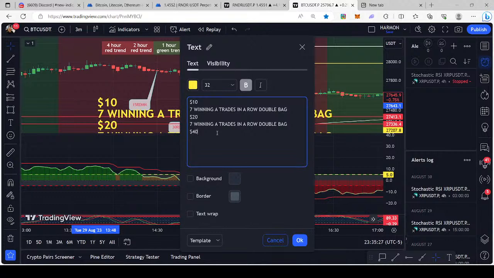Now, when you're trading in the very beginning, when you're trading your C trades or B trades, you're using the same $10. When you win your 7 trades in a row, you double your bag to a 20, and you want to divide this up, where $20 is what you're going to use on your A trades, and you're then going to use $10 for your small bag.